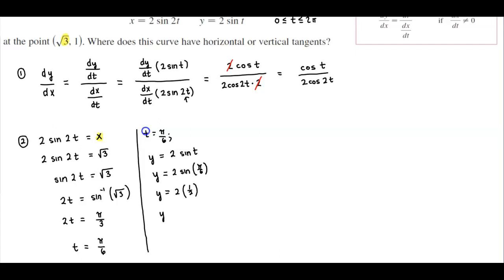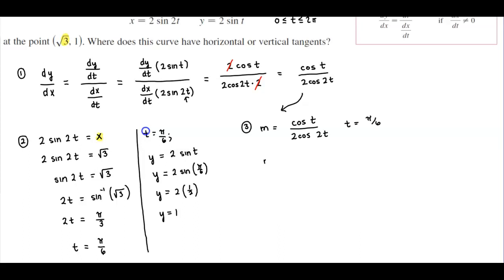And so therefore y is going to equal 1. So now we determine what t is and what y is. Okay? And now that we know what t is, we can substitute it into the slope or the derivative, because the slope is equal to the derivative where t is equal to pi over 6.